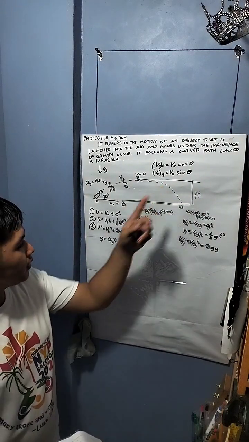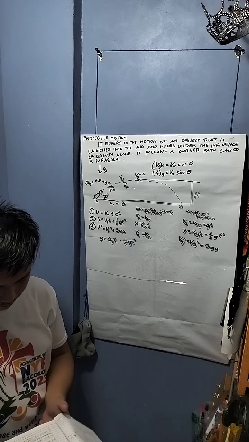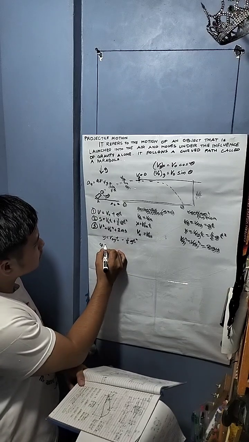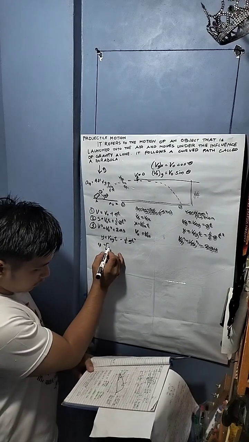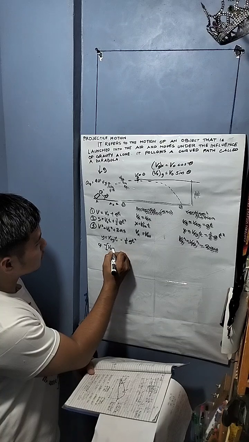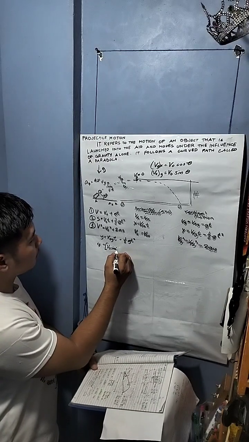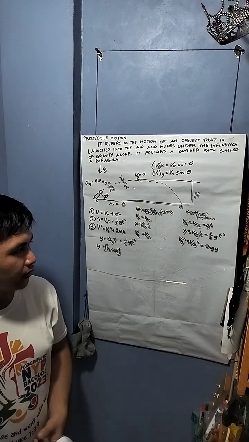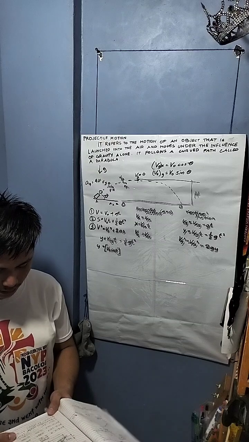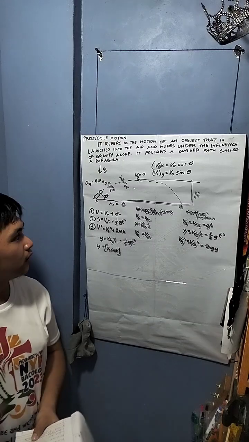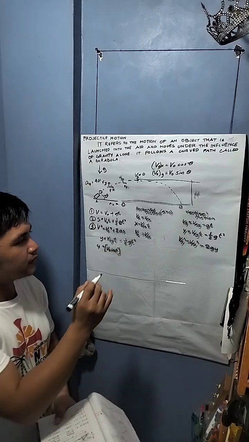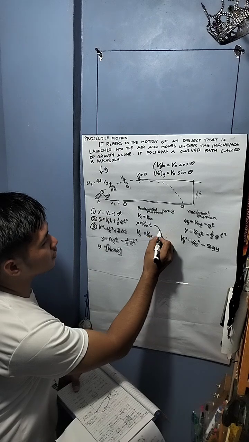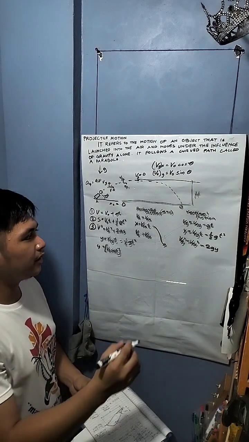Using this formula, we're going to substitute this to here. We can find that y equals V naught sine of theta times t. Now, we're going to find the value of t using the horizontal motion, using this formula here.